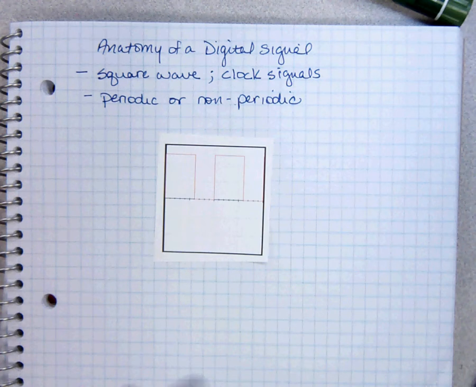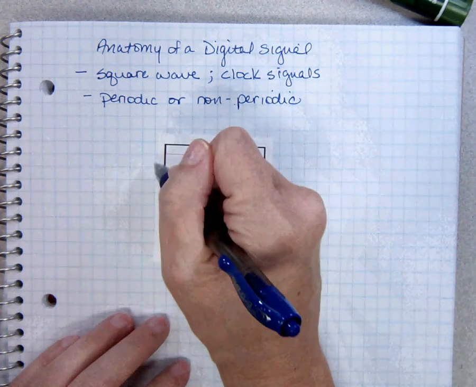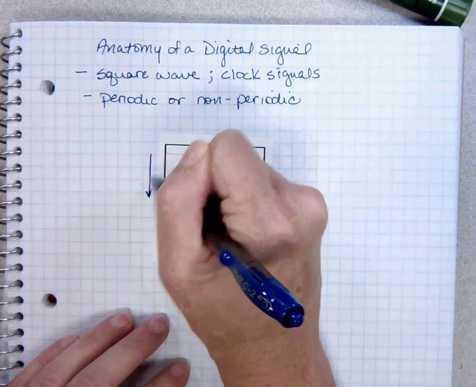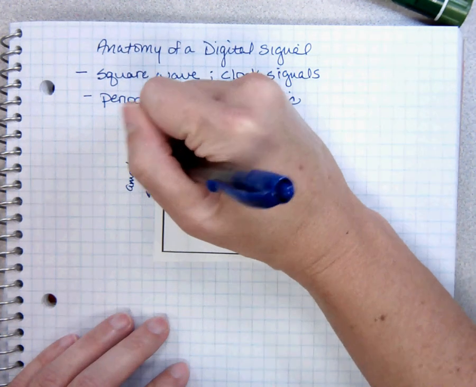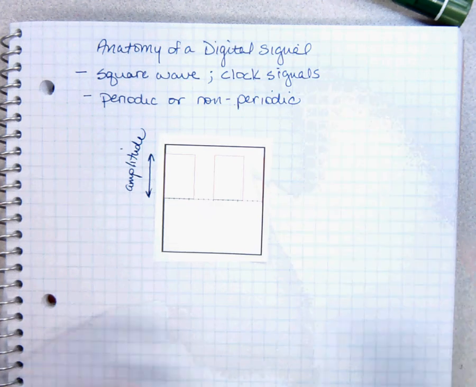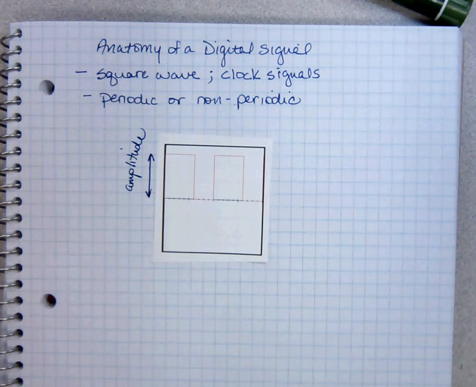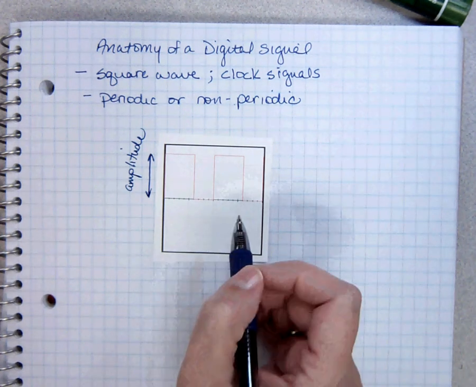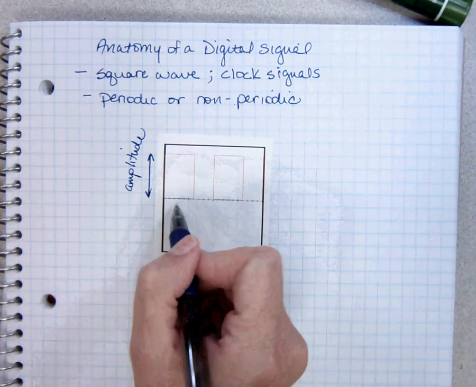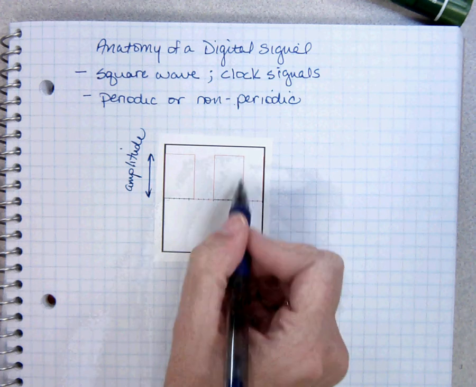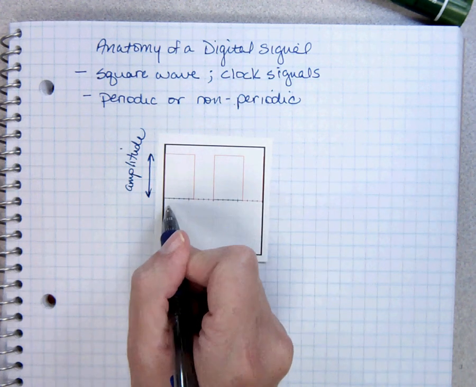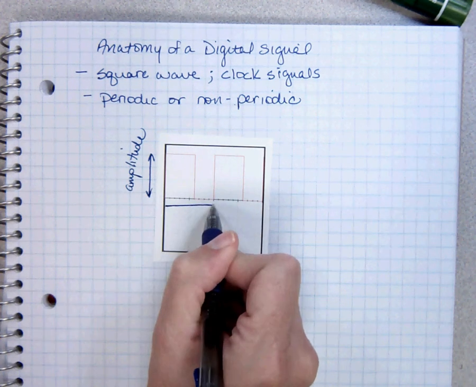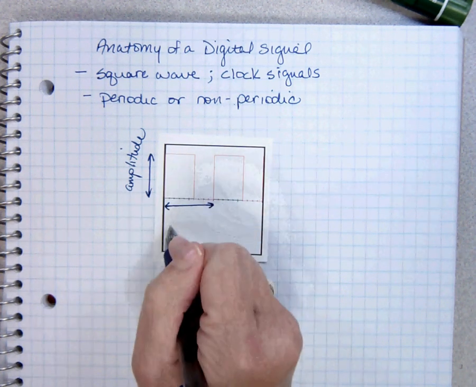Okay, so a digital signal, just like an analog signal, can have an amplitude. But we don't have a peak or a peak-to-peak amplitude. There's only one, so that's the one we deal with. For a periodic signal like this one, where you have a time high that is the same every time, the period would be the same as it is for an analog signal.